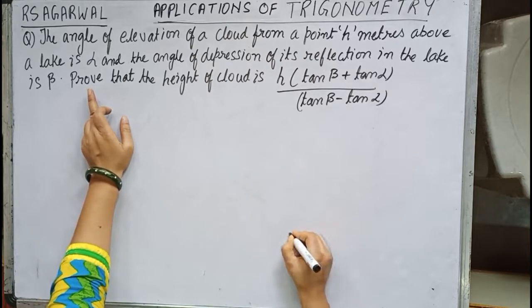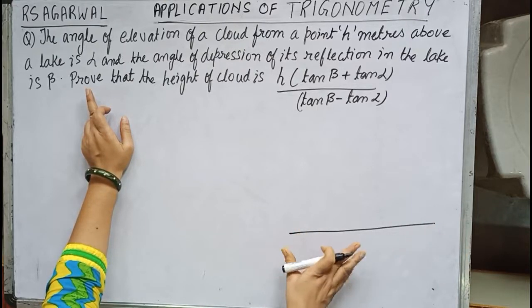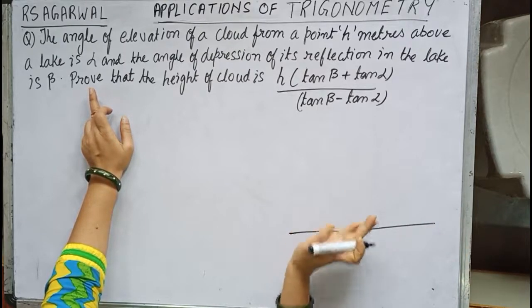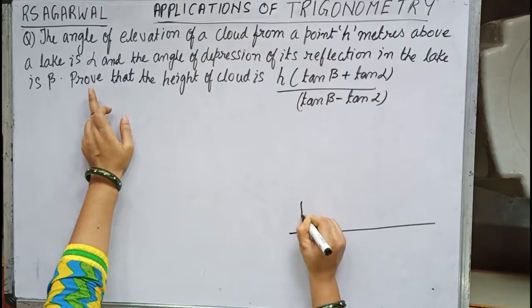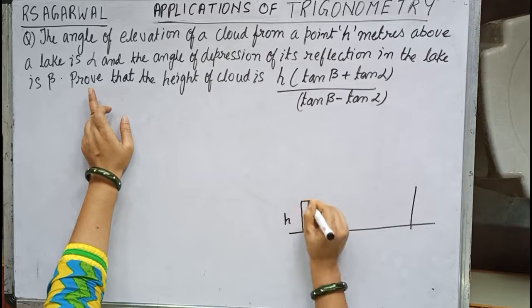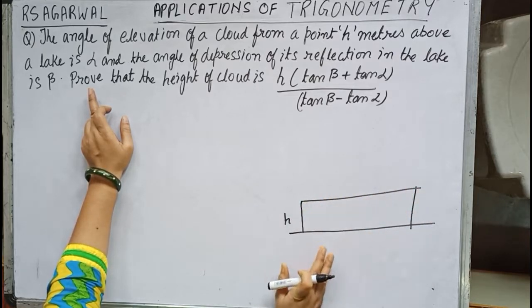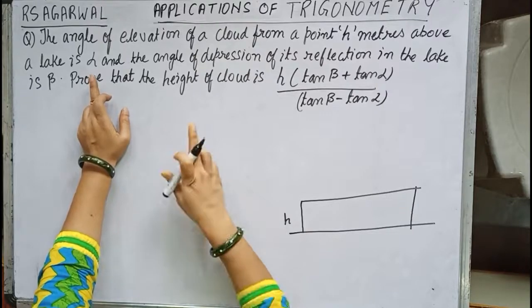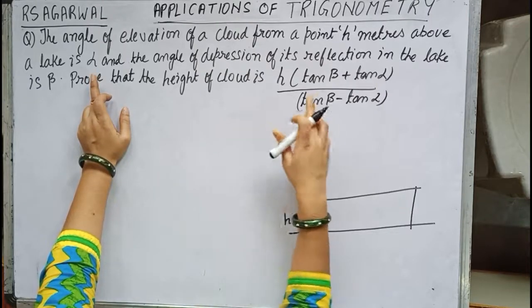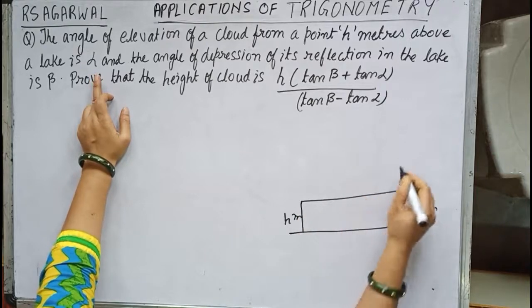The angle of elevation of a cloud from a point h meter above a lake. First, I am drawing the level of the lake. Now from a point h meter above the level of the lake, let us suppose this is h meter above it, I draw a horizontal line parallel to the level of the lake. It says the angle of elevation of a cloud from that point is alpha.